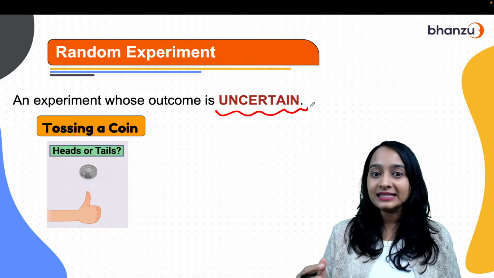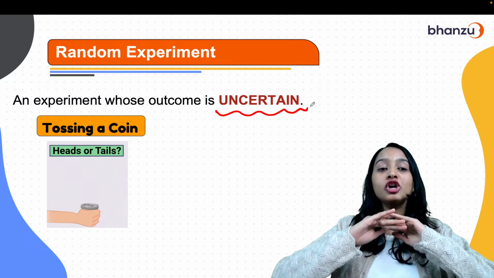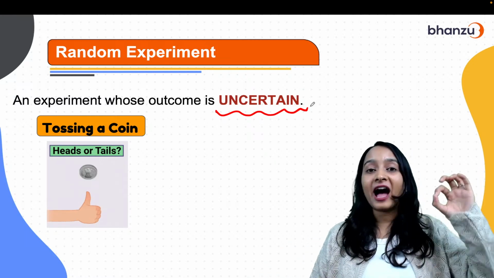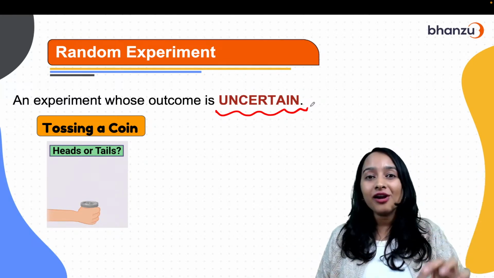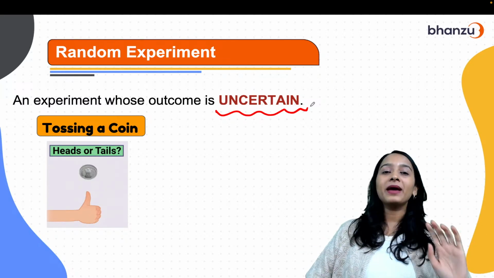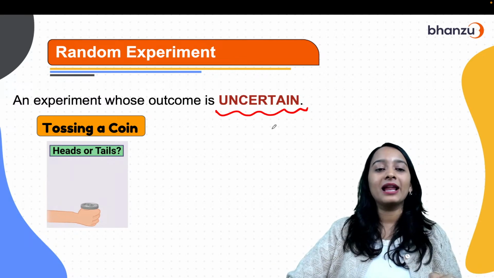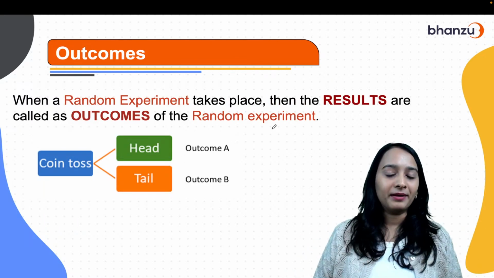It can be heads, it can be tails, right? These are the two possibilities. But you are not sure that if I flip a coin, I will always get a head. That's not sure, right? So an experiment whose outcome is uncertain is called a random experiment.